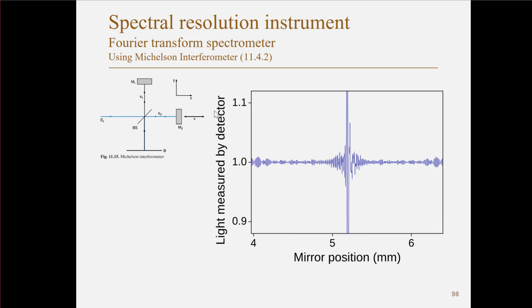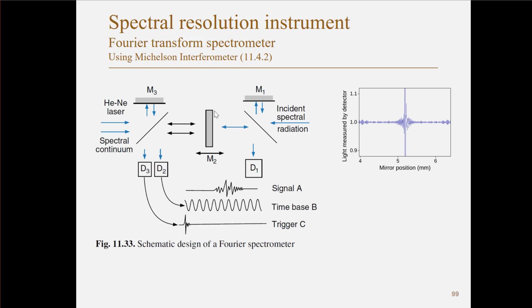So therefore they have come up with a small trick for these spectrometers where they build two different interferometers using the same middle mirror. Over here we have a reference Michelson interferometer, and over here we have the interferometer which we actually want to measure.